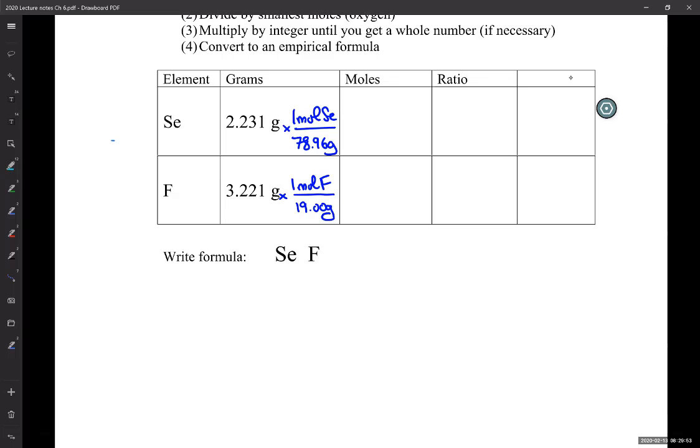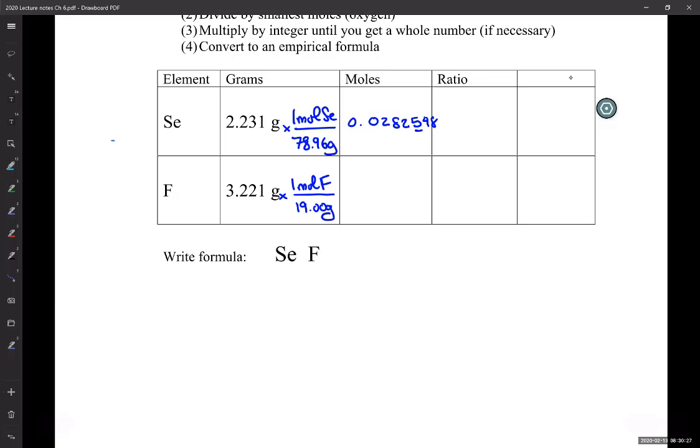So dividing by the molar mass essentially gives me the number of moles. I can calculate that out real quick. 2.231 divided by 78.96 gives me this little tiny number: 0.02825. I'll put 48, but it's only 4 sig figs, so I'll stop it there.